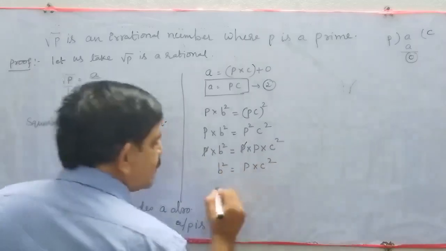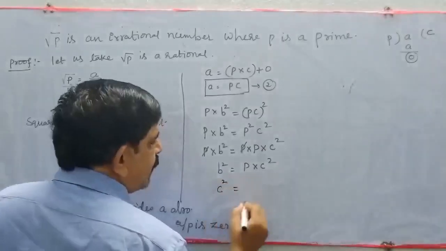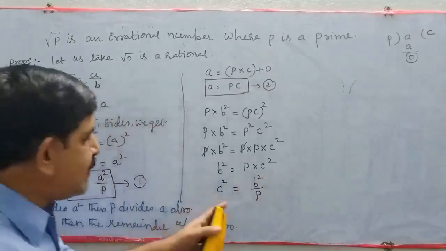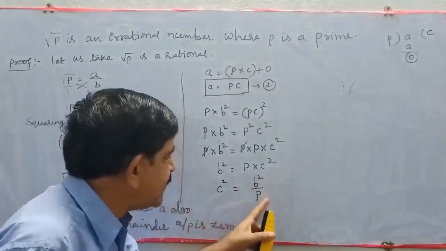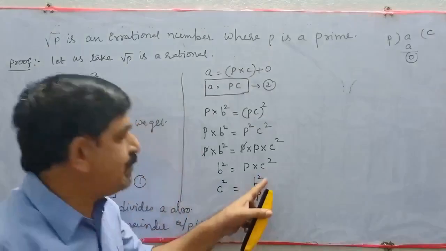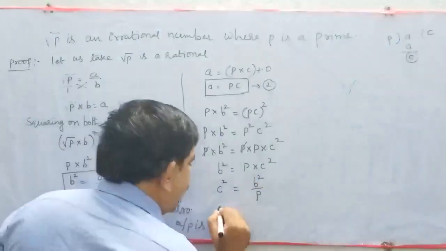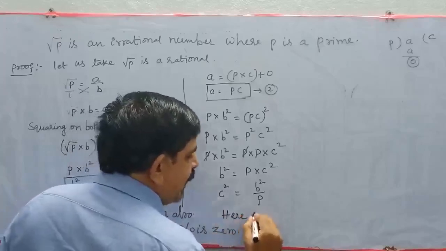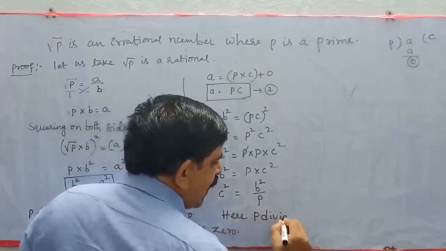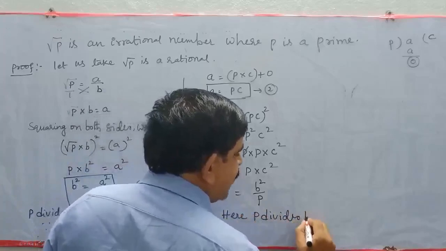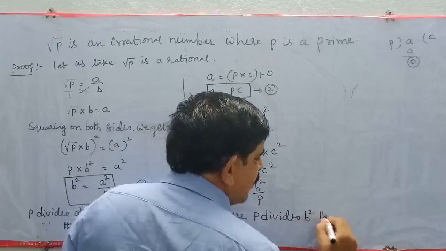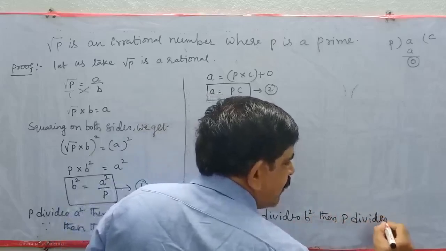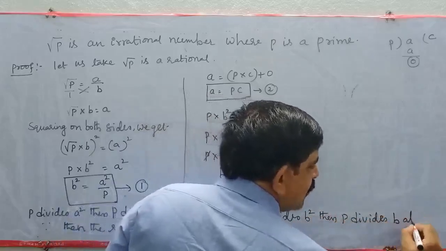Then C square is equal to B square by P. That means P divides B square, then P divides B also.